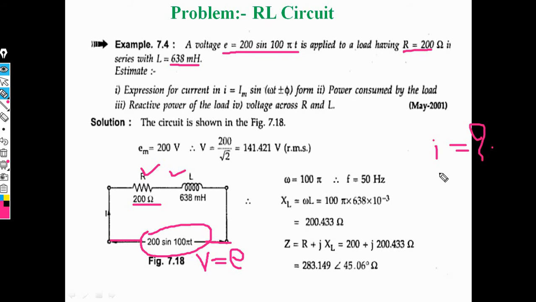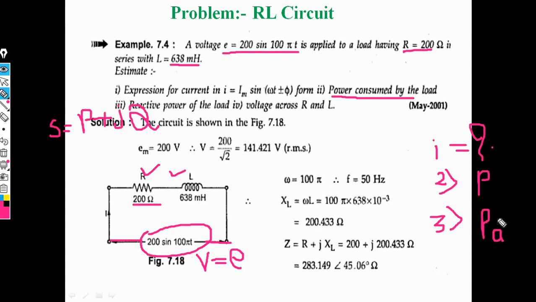Second, calculate the power consumed by the load, that is P. Also calculate the reactive power, where S is equal to P plus Q, with active power P. Also calculate the voltage across R, that is VR, and also calculate VL.